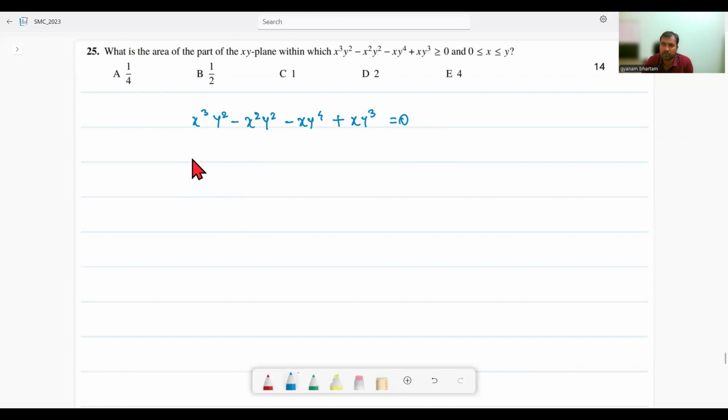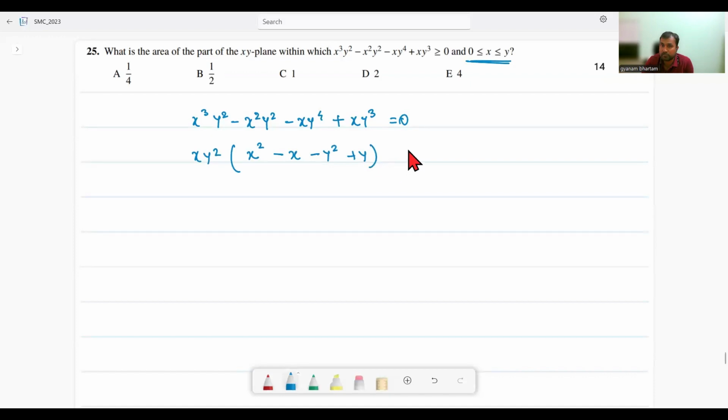We can find that. Okay, y equal to x line, below that line, for the first quadrant. This is what we have to do for the second part. Now this one we can take xy common. And that's the maximum. I think y square we can take common, no doubt. And we are left with x square minus x minus y square plus y.